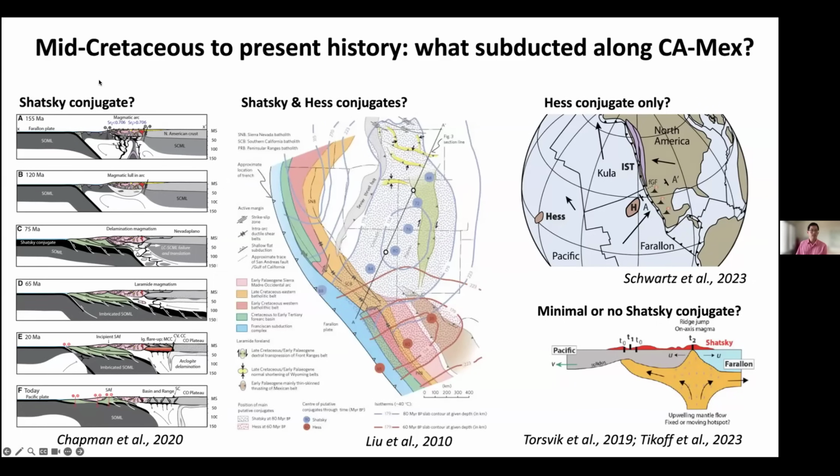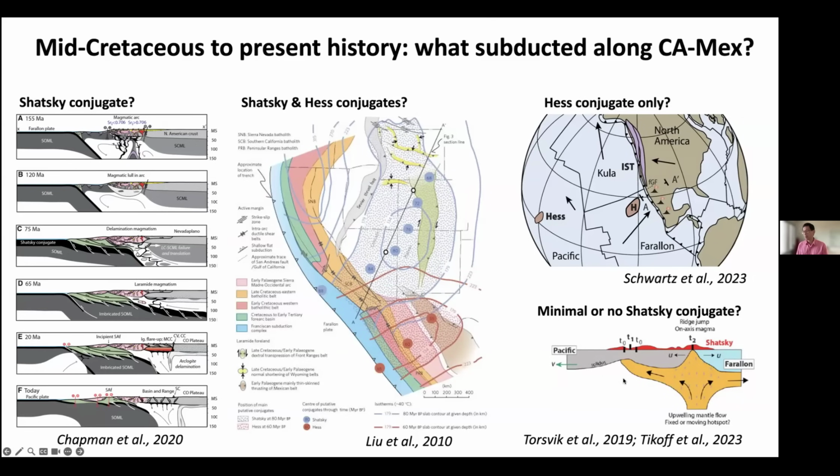There are some thoughts that a conjugate Shatsky rise could have subducted and produced a flat slab. There are other hypotheses that suggest that there's both a Shatsky and a Hess conjugate that subducted under North America. Another hypothesis is that there was actually only a Hess conjugate that subducted. And then finally, it's been proposed recently that there may not have been a Shatsky conjugate, that there was a minimal or no Shatsky conjugate.